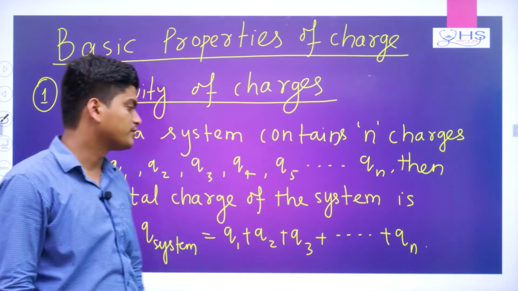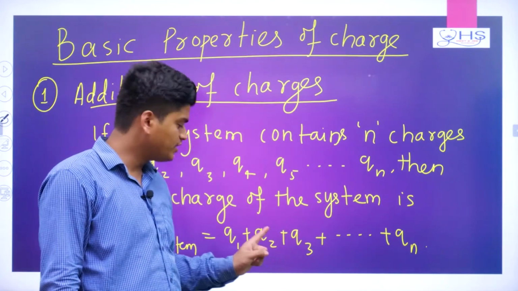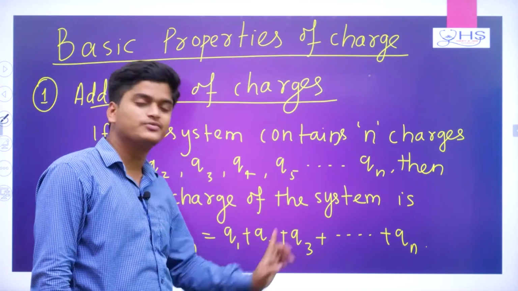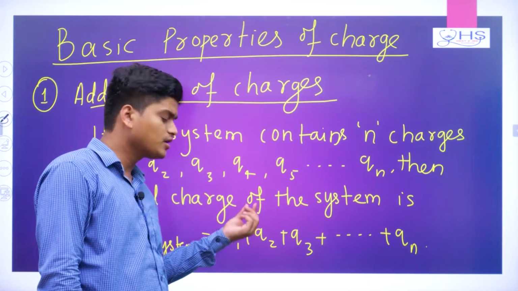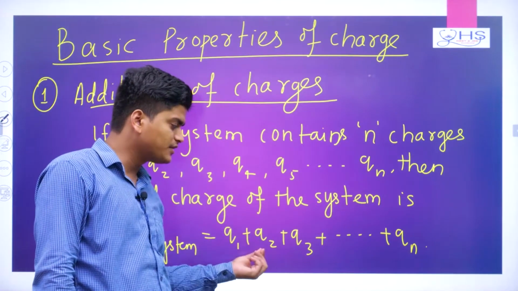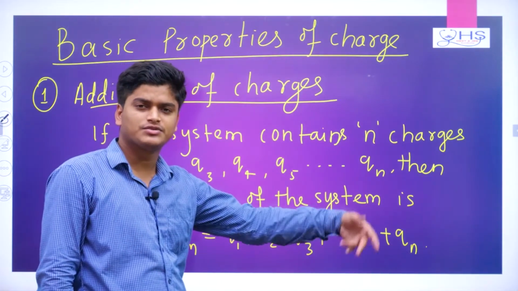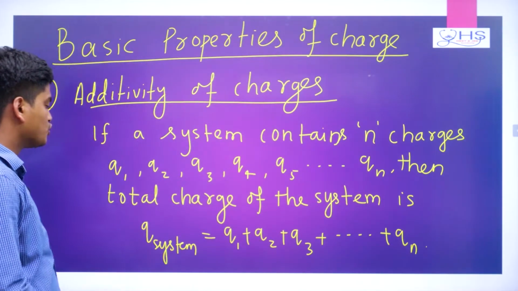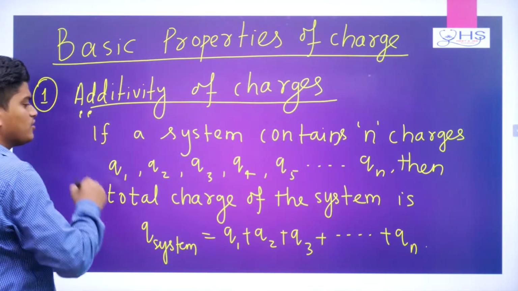up to qn. Now, while adding these charges we need to take care of the sign of charges. Suppose q1 is positive, we put a positive sign here. q2 is negative, we put a negative sign. q3 is positive, we put a positive sign. qn is negative, we put a negative sign. So while adding we have to remember to put the sign of the charge.